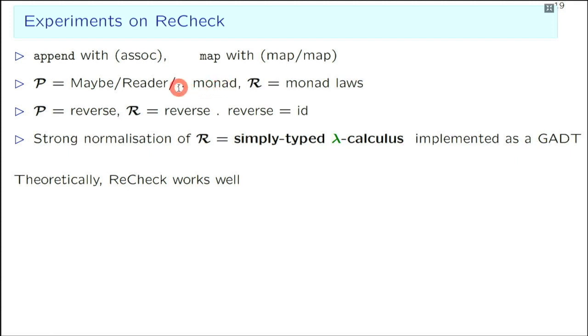We can also consider the case of, maybe, a reader of some kind of monad with monad rules. In this case, the monad rules can be checked automatically as correct with respect to the monad implementation. And we can also prove the correctness of this kind of rule, and also show the strong normalization of some complex rewrite rules.